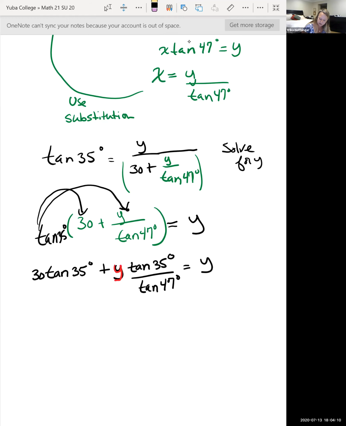So notice there's two terms with Y in here. So let's get all the terms with Y on one side and then factor it out. If we subtract this tangent 35 over tangent of 47 on both sides, we would get 30 tangent of 35 is equal to Y minus Y times tangent of 35 over tangent of 47.